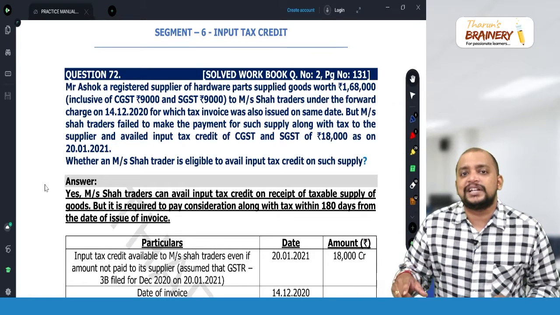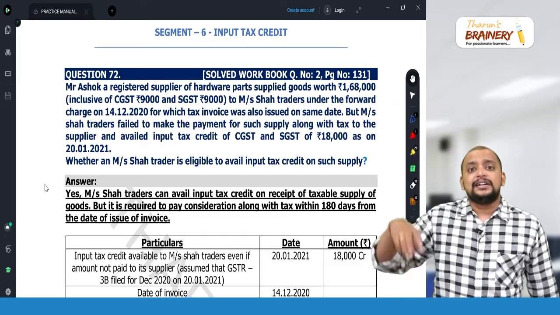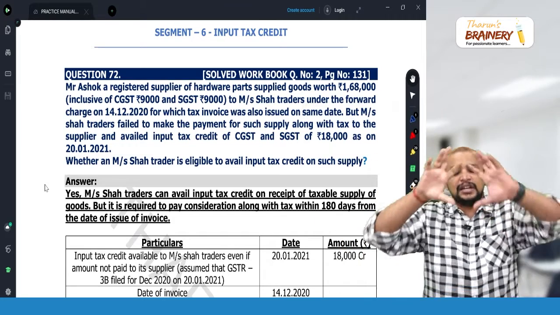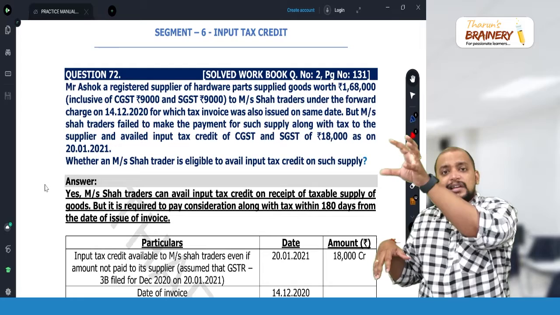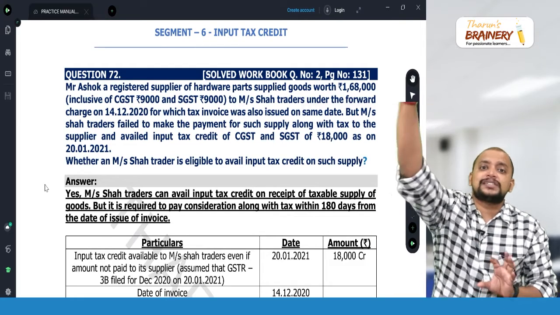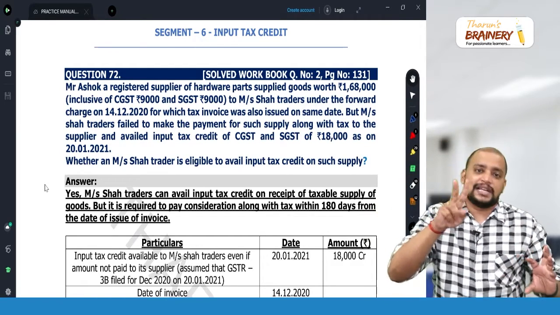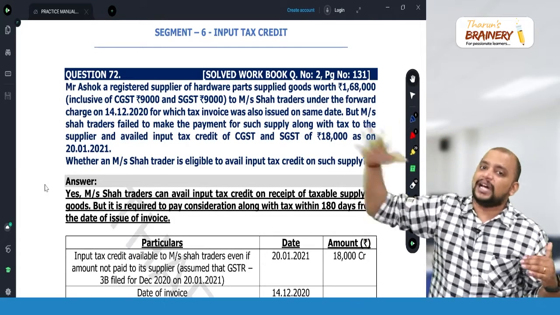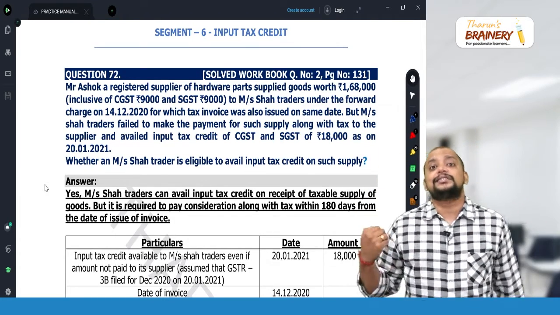For whom is it the 22nd? Gujarat, Madhya Pradesh, Chhattisgarh, Andhra Pradesh. In the India map, you remember Gujarat, Madhya Pradesh, Chhattisgarh, Andhra Pradesh. So for those states and all the states below them, it will be the 22nd, and for all the states above that, it will be the 24th. So that is the time limit by which GSTR 3B needs to be filed.